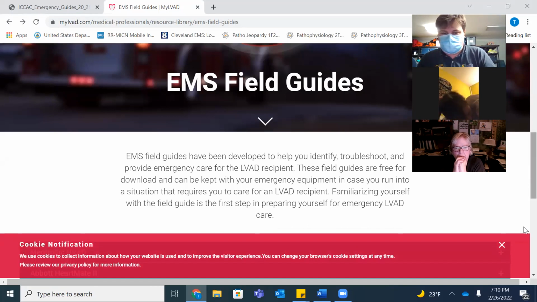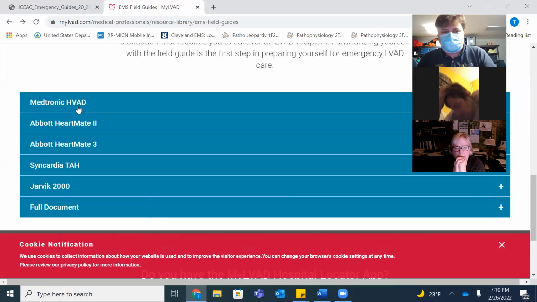And you can see that as you scroll down here, it will take you to all of the different ventricular assist devices that are on the market, including this Syncardia total artificial heart. Basically in that one, they core out both ventricles.